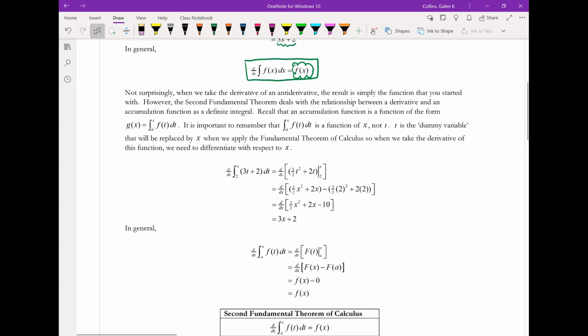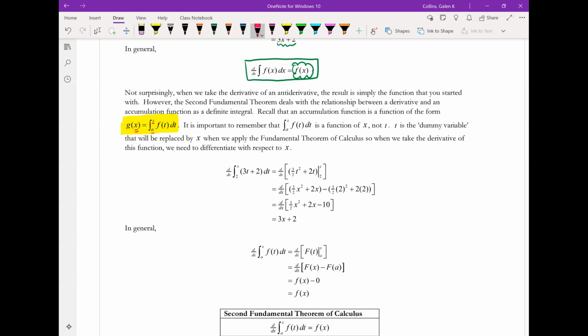So I'm going to skip down to this middle text, and we already said that the derivative and the antiderivative undo each other. So let's look at what happens when we take the derivative of an accumulation function. In this example of g, we're going to interpret a as a constant number, the lower limit of integration, and x is going to be the true variable of integration.